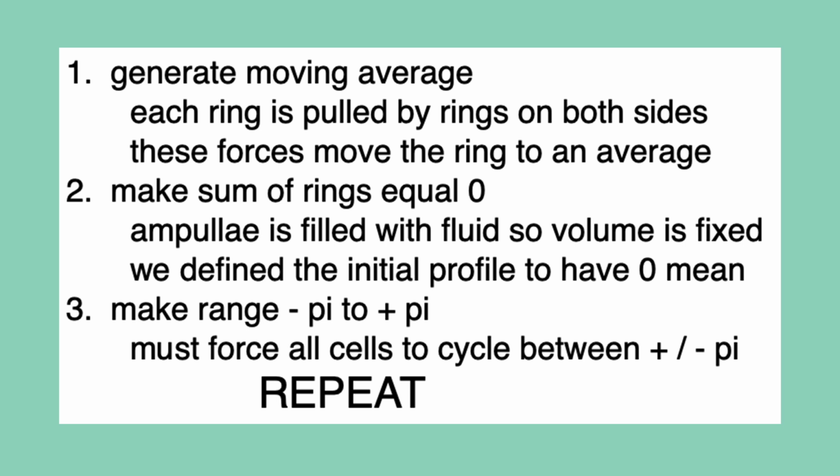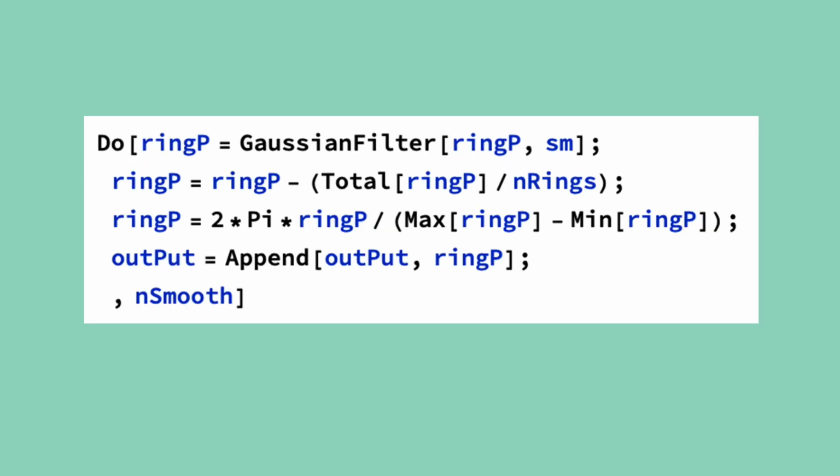The first step drags neighboring rings to a common line. The second step expresses the fixed volume of the ampulla. The third step is just the convention that phases have a minimum value of minus pi and a maximum value of plus pi. Here I have written these steps in Mathematica code.